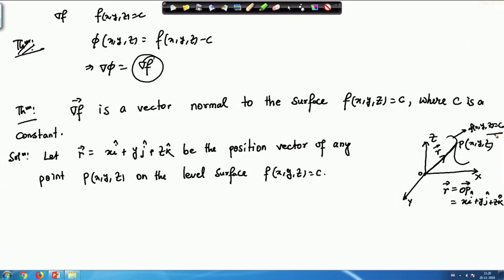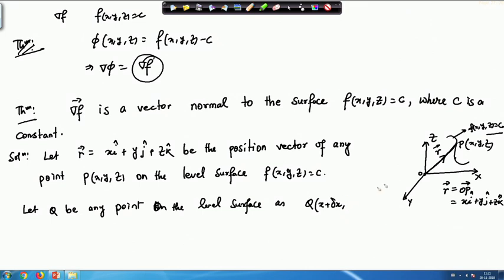Now, I assume another point, let us say Q here. Let Q be any point on the level surface, with coordinates x plus delta x, y plus delta y, and z plus delta z.